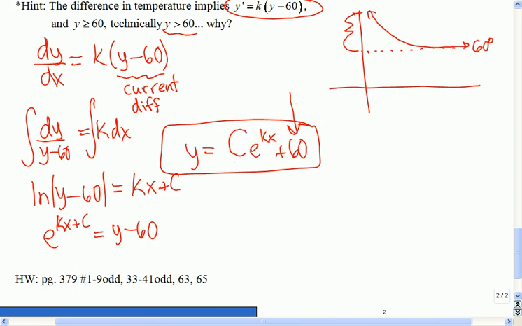The other thing is, now if we put in the information we were given that at time 0, it's 100 degrees. So now the constant equals 40. Why does the constant equal 40?